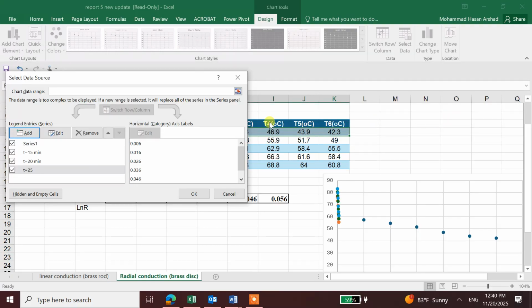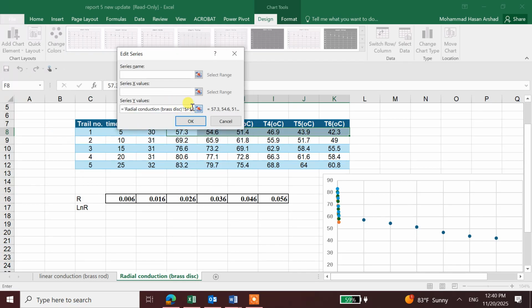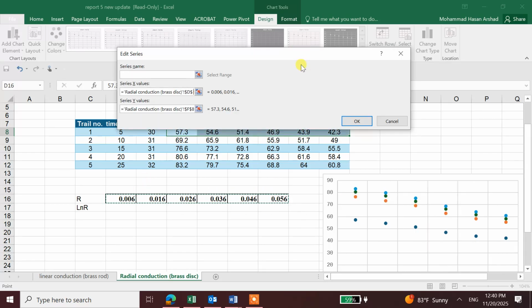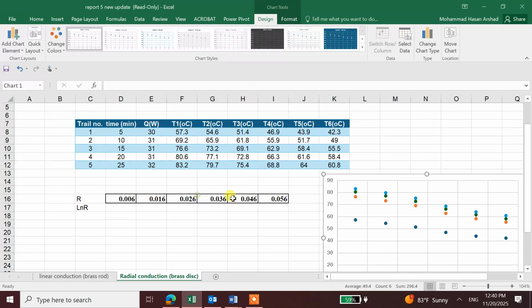Wait a minute, what happened? X is missing here. Okay, so the first one was t equal 5 minutes. So now you can see the same thing here.